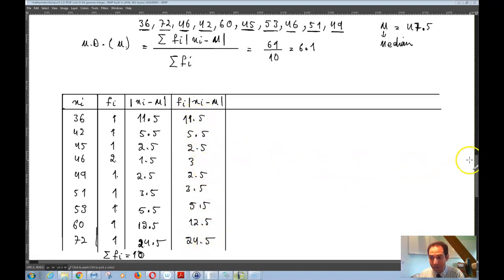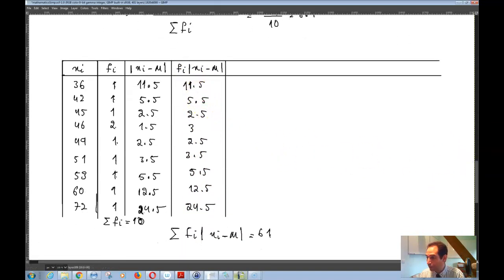Now, if I find the sigma of all of these values, it would be 11.5 plus 5.5 plus 2.5 plus 3 plus 2.5 plus 2.5 plus 2.5 plus 3.5 plus 5.5 plus 12.5 plus 24.5 is equal to 71.